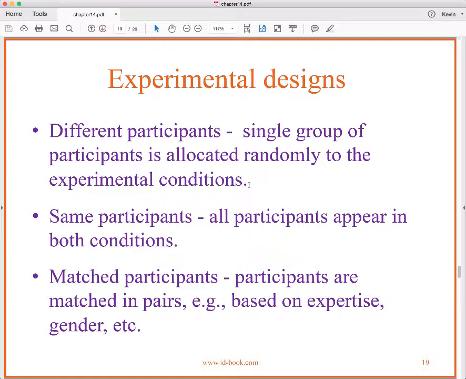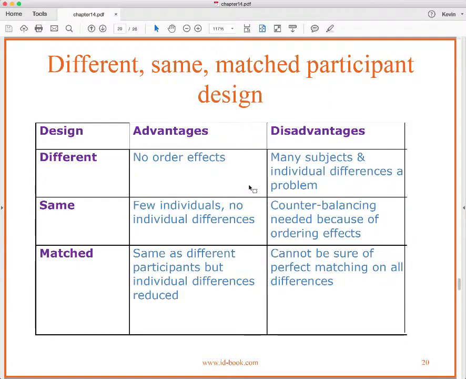And matched participants are matched in pairs based on expertise, gender, etc., and the matched pairs are subjected to the differing conditions. So, how could you look at these three participant design decisions and see what the advantages and the disadvantages are?